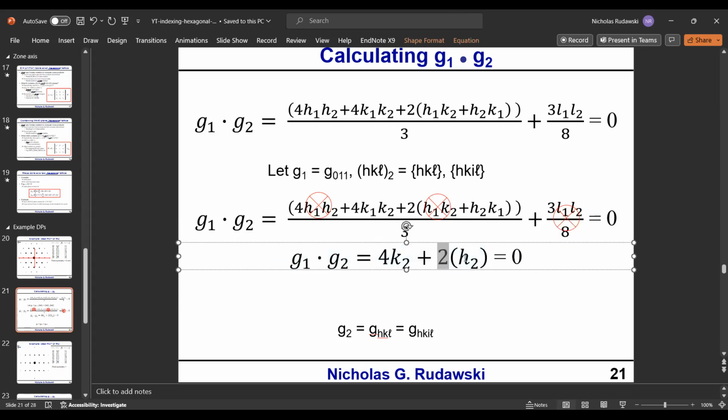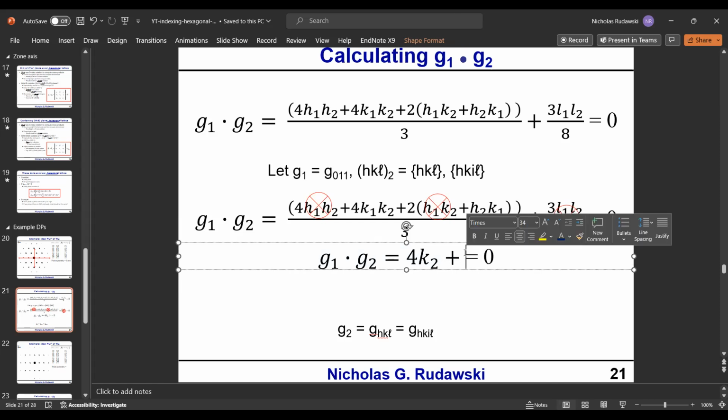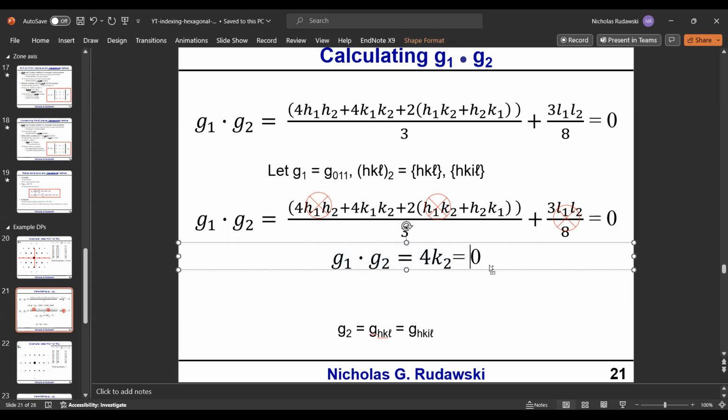Let me pull this over now. And then we can reduce this down. So this is the final result here.